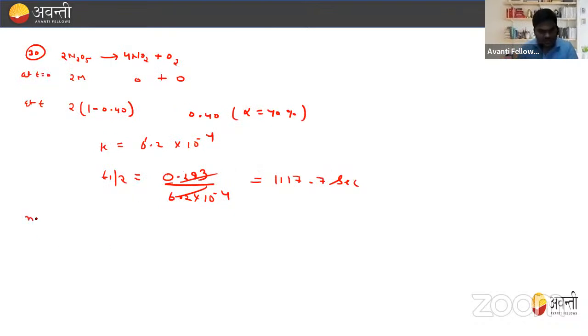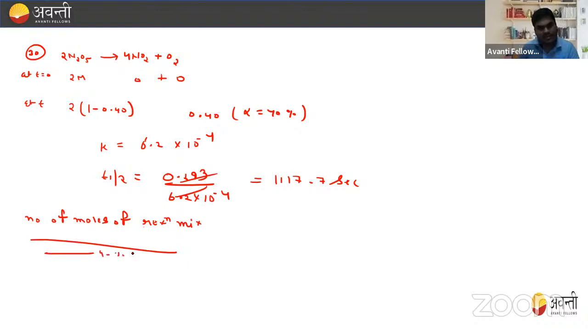So the number of moles of reaction mix after 40% dissociation.